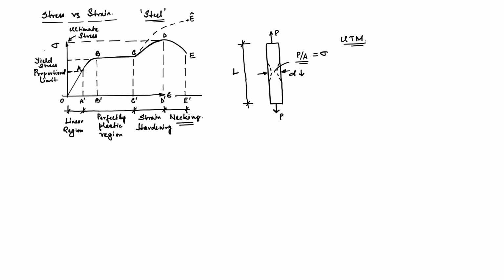Now, the material that deforms in this way, we call it ductile material. Ductile materials, before they reach the ultimate stress, deform by a significant amount. Steel is a ductile material.